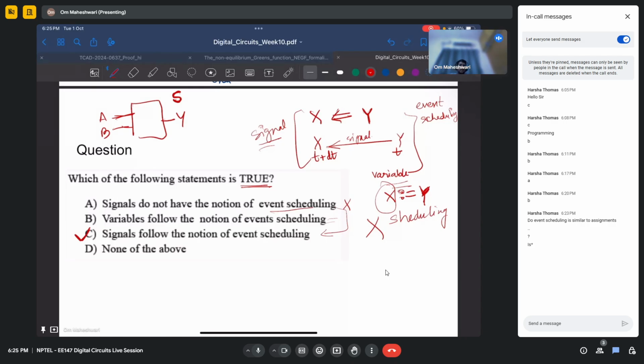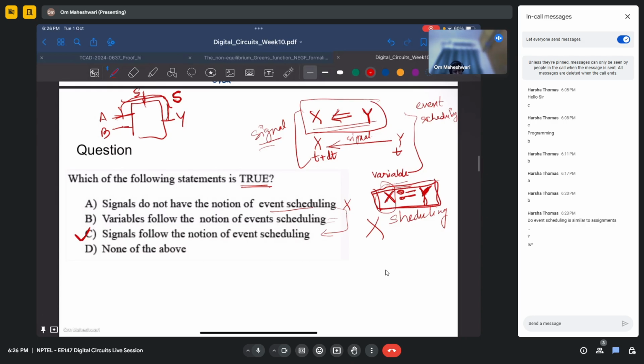Now, if you define S using a signal, it means you again have some hardware wiring connection for S in your design, and generally we use assignment for it. But when we use variables, we directly use this kind of assignment. So both of these are assignments only.